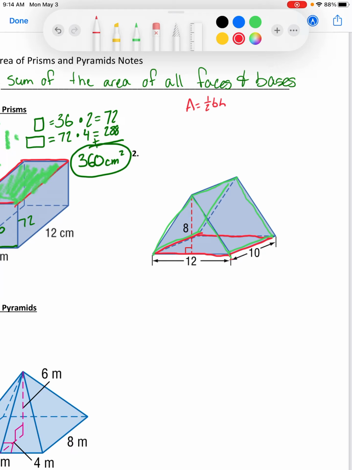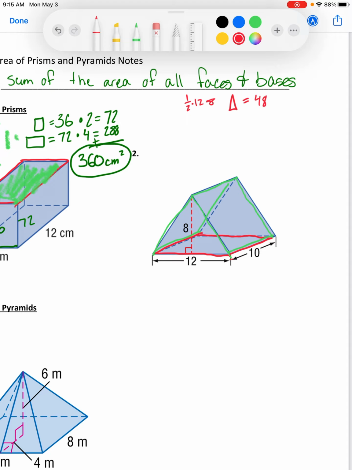So we're going to multiply those together. 1/2 times 12 times 8, which is going to equal 48. So 6 times 8 would be 48.